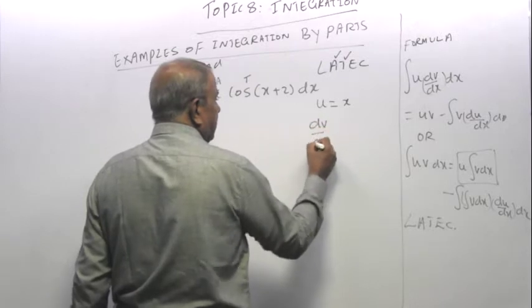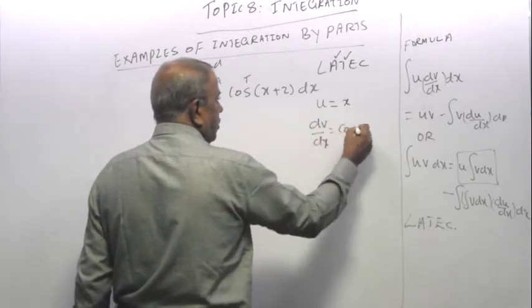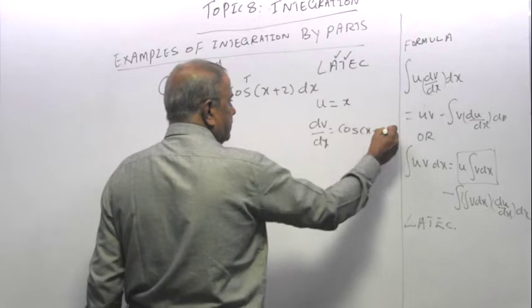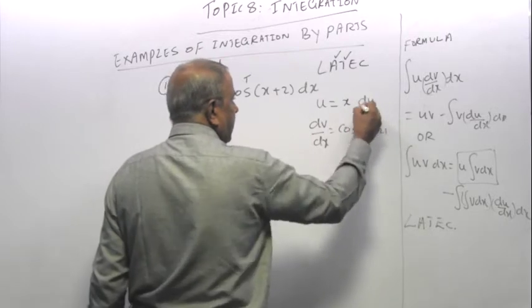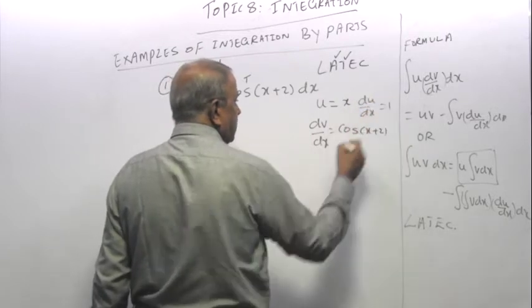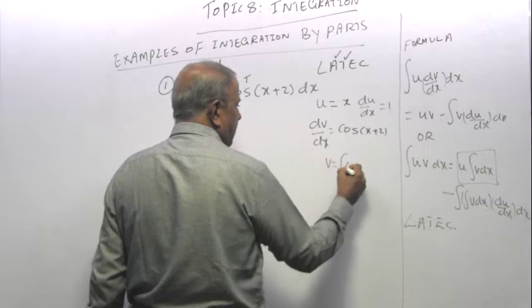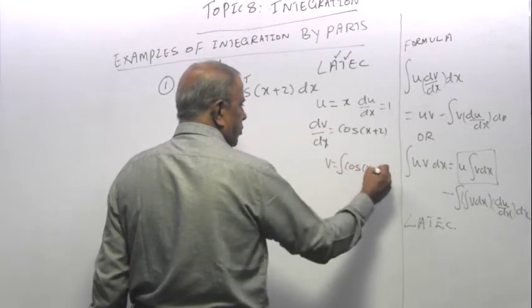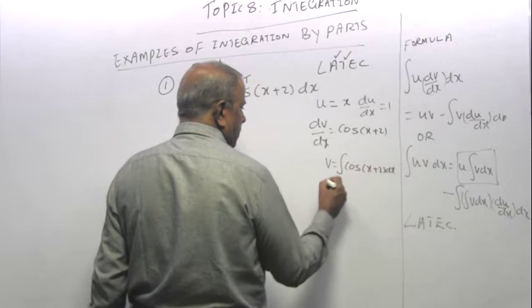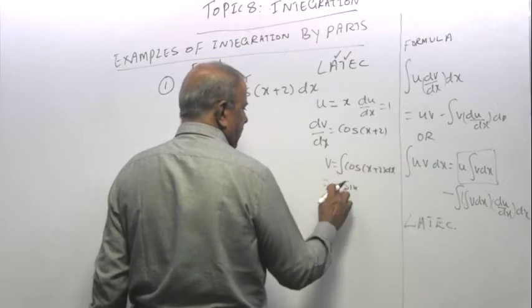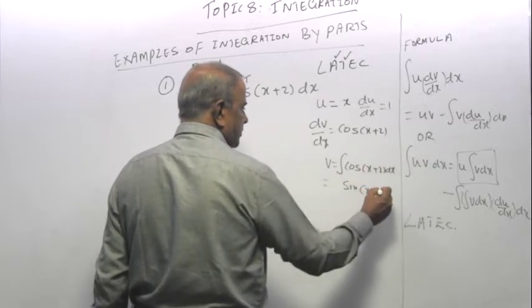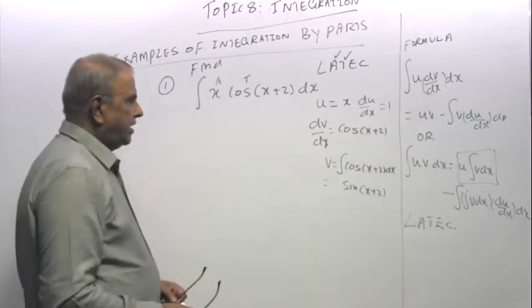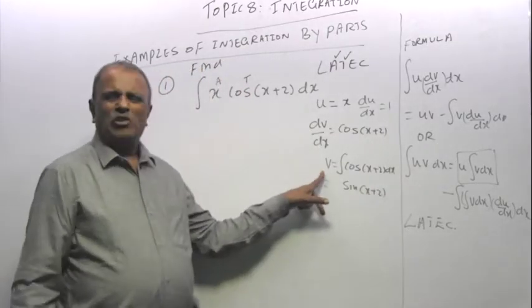And dv by dx is cos of x plus 2. So du by dx is 1. v is the integral of cos of x plus 2 dx, equal to sine of x plus 2. See, I don't have to write this actually.